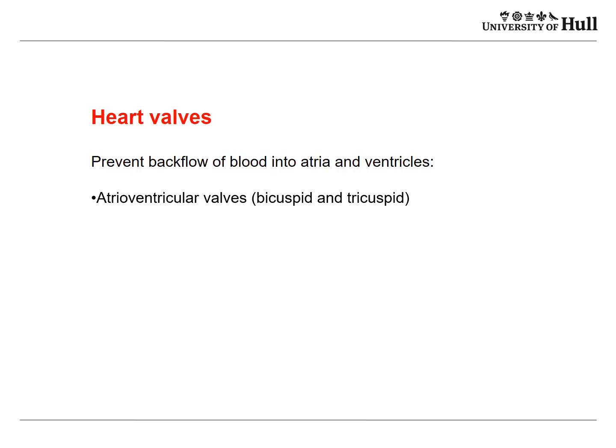The atrioventricular valves lie between, as the name suggests, the atria and the ventricles. And then there is the pulmonary valve, which lies between the heart and the pulmonary arteries. And then the aortic valve, which lies between the heart and the aorta.